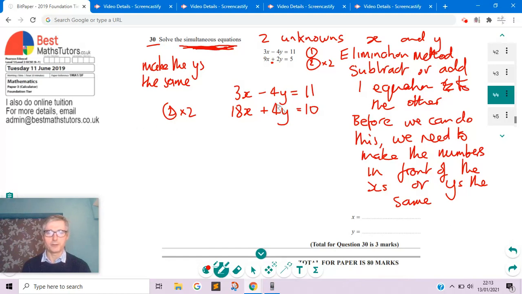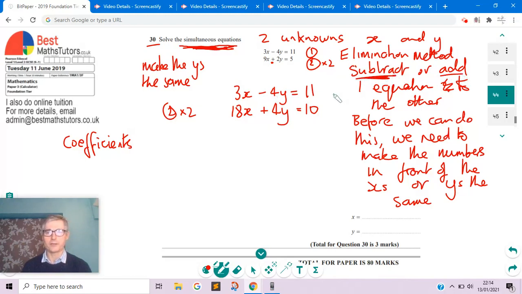And so now the numbers in front of the y's, which are sometimes called the coefficients, so that means the numbers multiplying the letter, the coefficients are the same in front of the y's. We can either add or subtract.